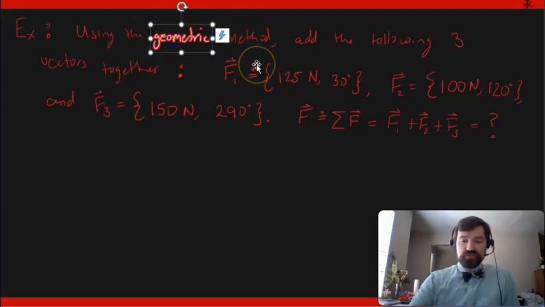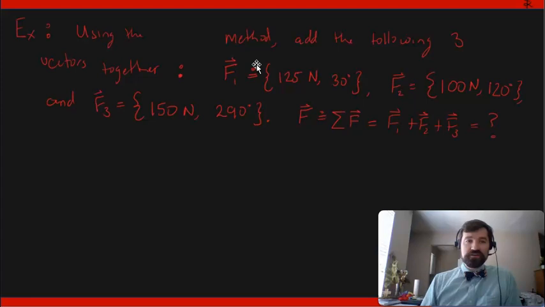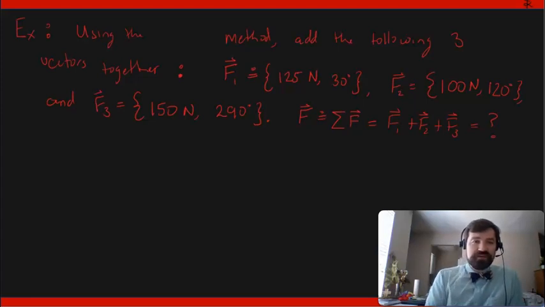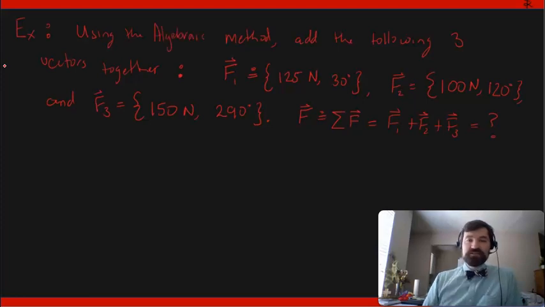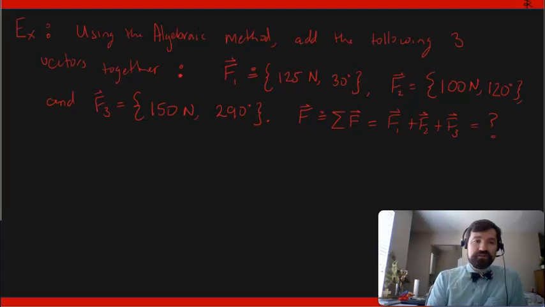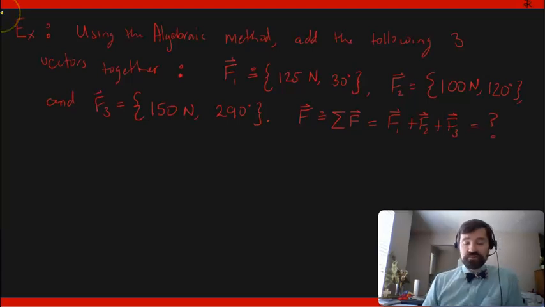What's going to change is that instead of using the geometric method, today we're going to use the algebraic method to add these three vectors together. We should get the same result or something very close to it as we had before. This will, however, give us the opportunity to use the entire longer recipe.